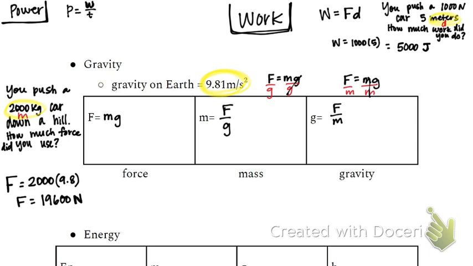So say your car, when you pushed that, we did 5,000 joules of work. Maybe that took us 20 seconds. So how much power did we use pushing that car?